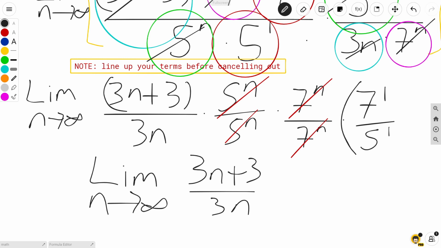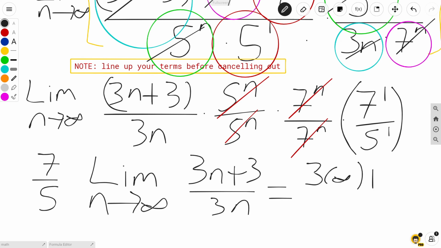This 7 over 5 is a constant, so I can move it in front of the limit sign. When we plug in infinity for both terms, we get 3 infinity plus 3 divided by 3 infinity, which gives us infinity over infinity.